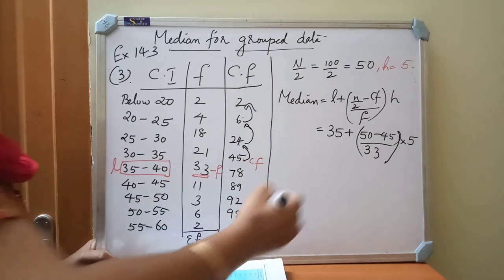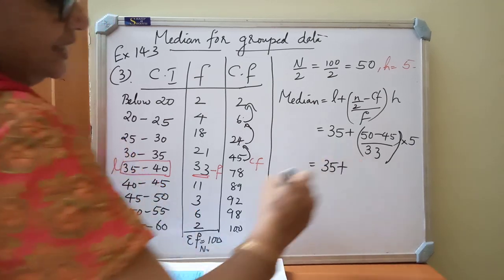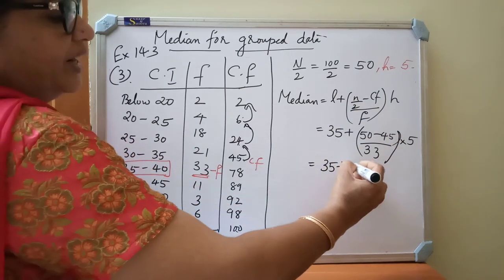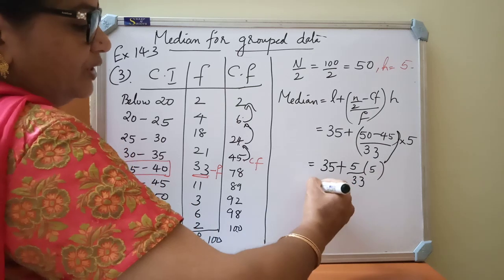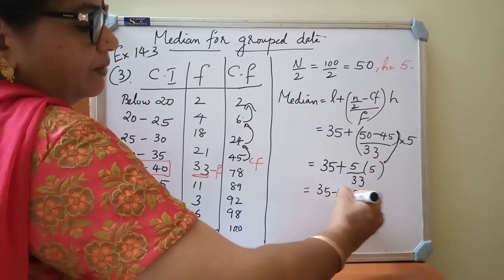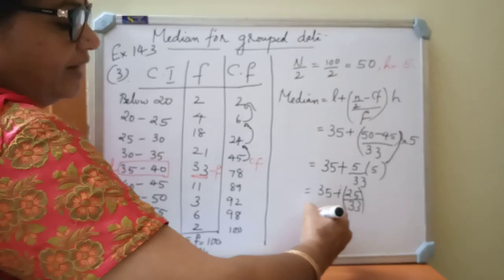Okay. So 35 plus, you keep this one as it is. Then this alone you have to find out. 5 divided by 33 into 5. 5 fives are 25. So 35 plus 25 divided by 33. So this alone you find out the value and add with 35.